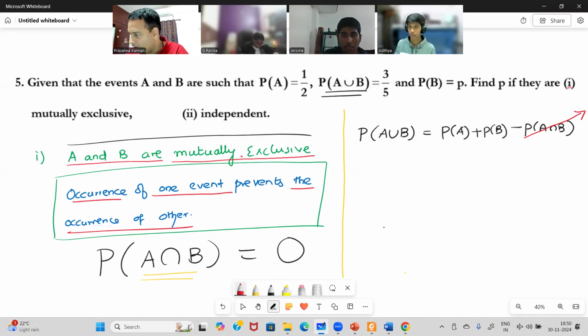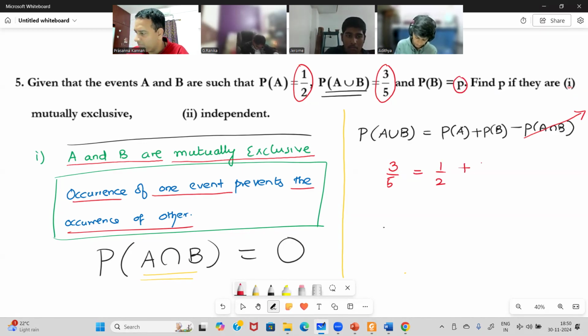Now P of A union B, you are already given the number. What is it? 3 by 5. And P of A also you are given the number. What is it? 1 by 2. And P of B you need to find. You are taking it as what? P. So just calculate this. So P will be equal to 3 divided by 5 minus 1 by 2.